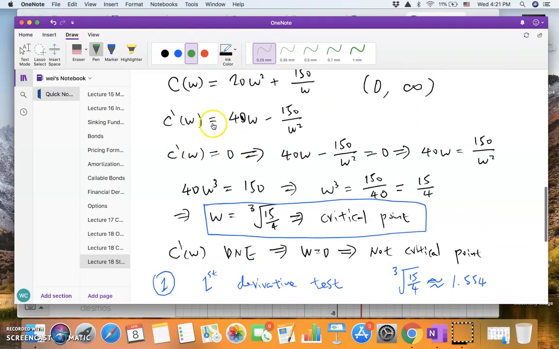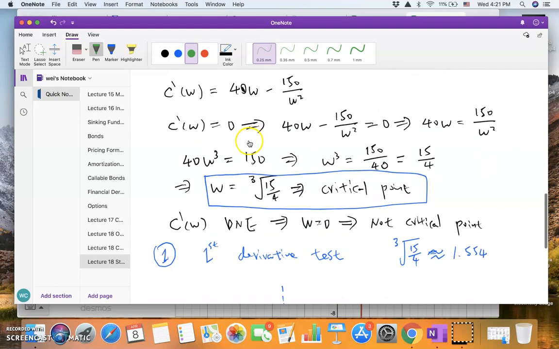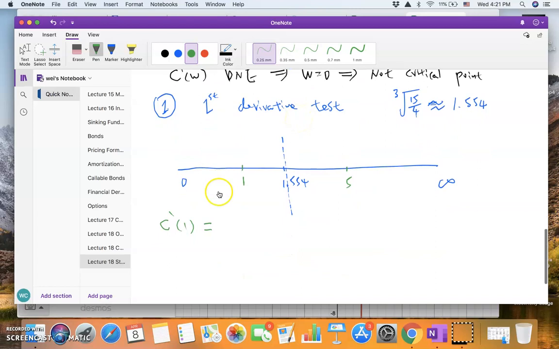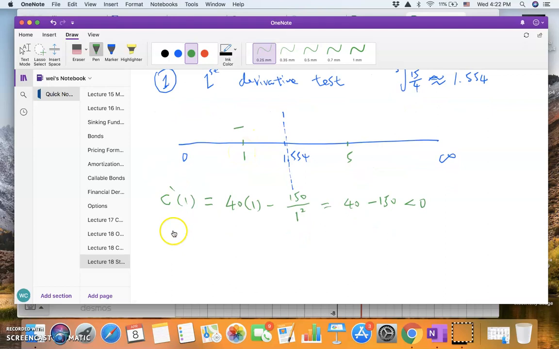When w equals 1, the derivative is 40 times 1 minus 150 over 1 squared. This is negative, so the first derivative is negative.